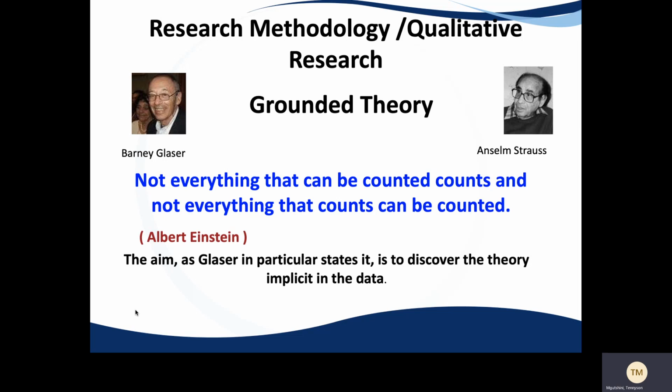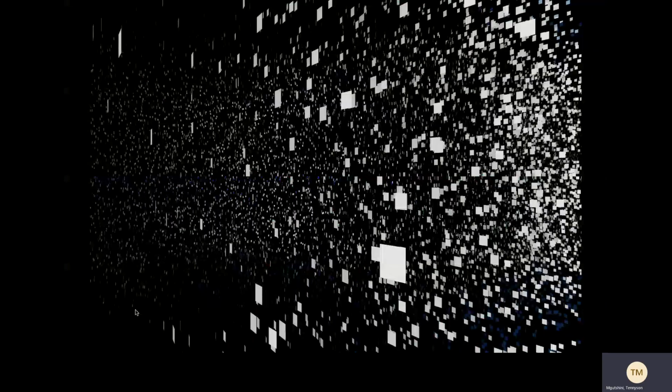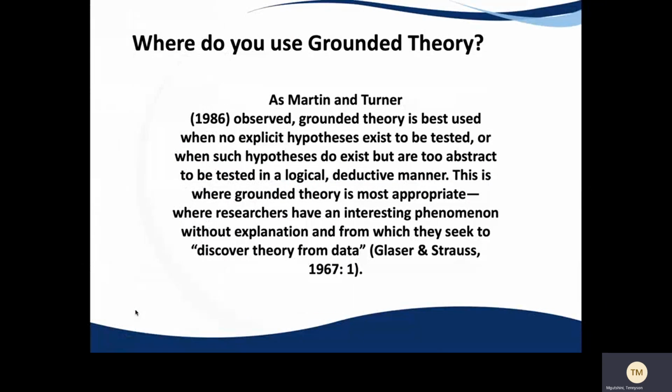So in actual sense, what it's literally saying is that the data that we see around us is already embedded with potential for theoretical exposition. It's only that if we look at it in particular ways, then only will we understand the theoretical possibilities that are around.